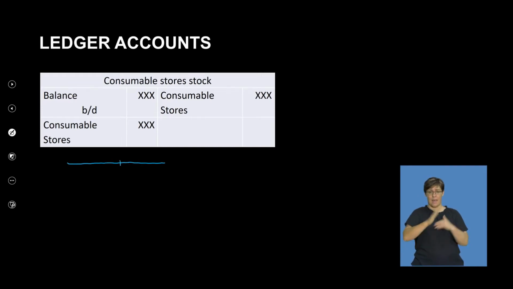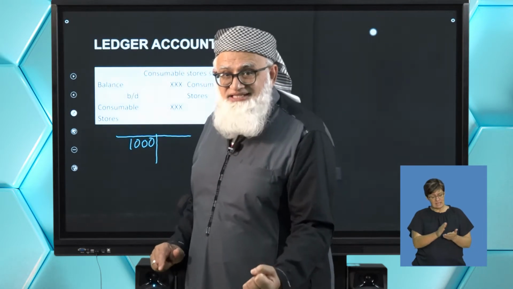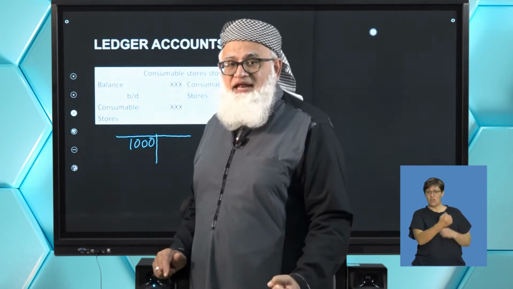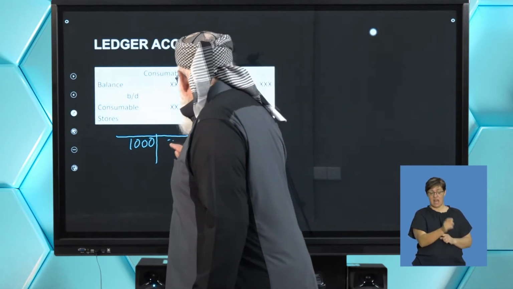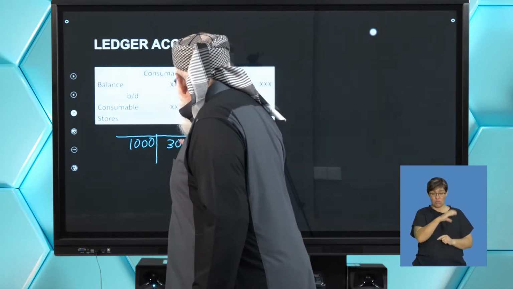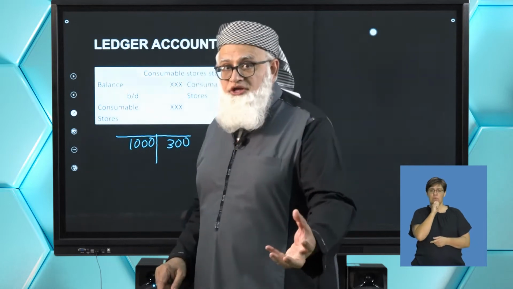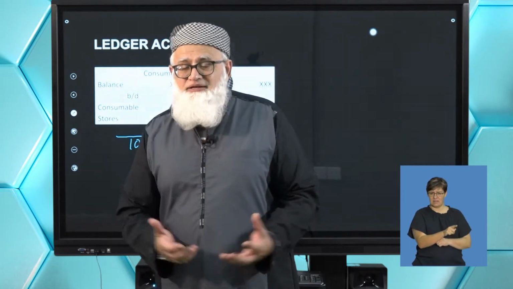If this is my packing materials, and I had a balance of 1,000, and you can clearly see now that if there are some items left over at the end of the year, say there was 300 Rand left over, that credit of 300 indicates to you that you only used 700 Rand worth of packing materials. Okay?